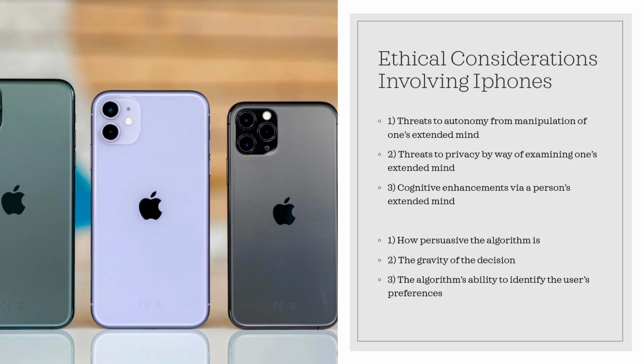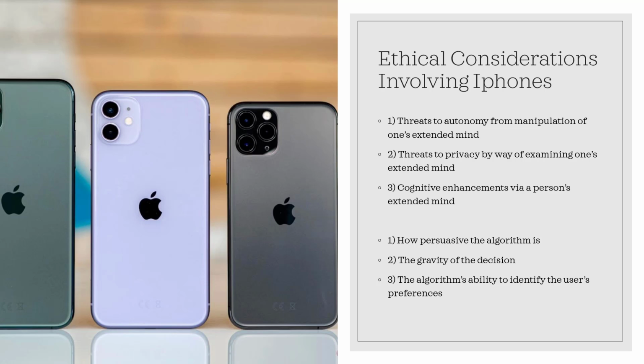Number one, threats to autonomy from manipulation of technologies of a person's extended mind. Number two, threats to privacy by way of examination of a person's extended mind. And number three, cognitive enhancements via a person's extended mind.